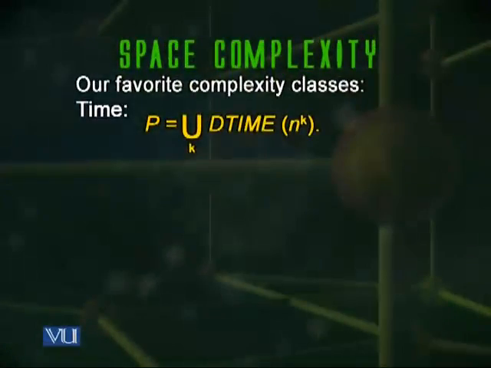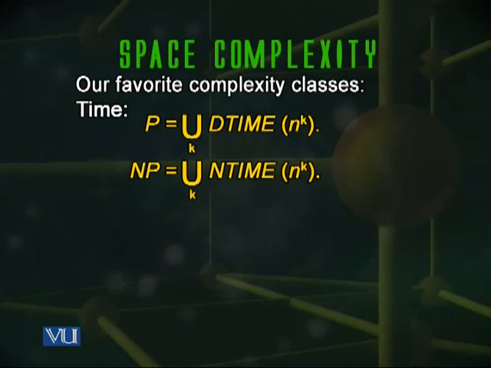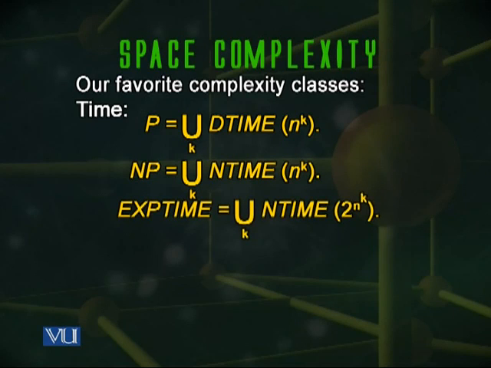Well, one was P, which was polynomial time. The other was NP, which was non-deterministic polynomial time. And the third one that I have written here is exponential time, which means that if you can solve a problem in time 2 to the order n to the k for some fixed k, then we say that problem is in exponential time.